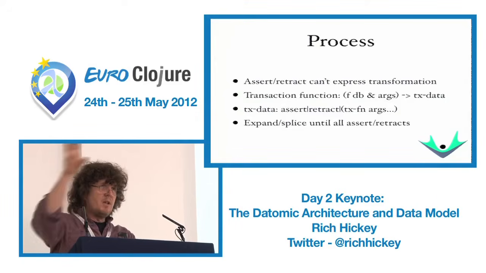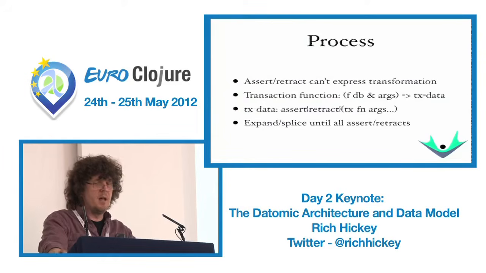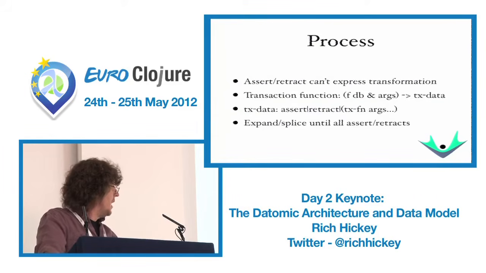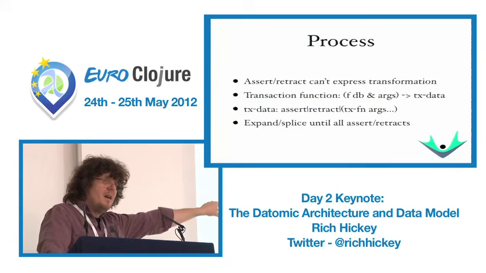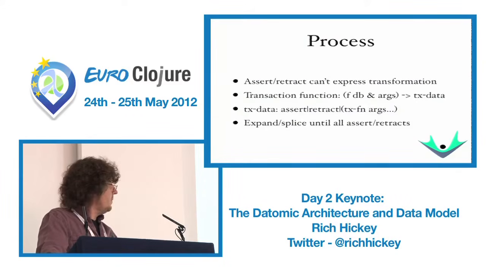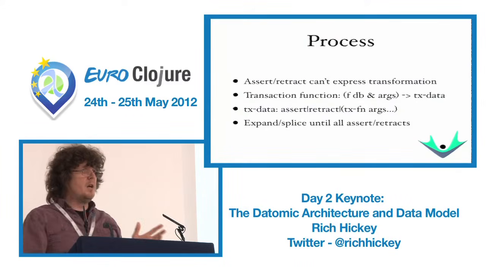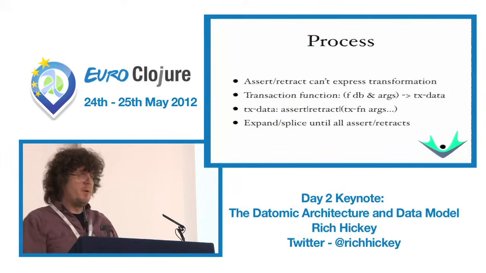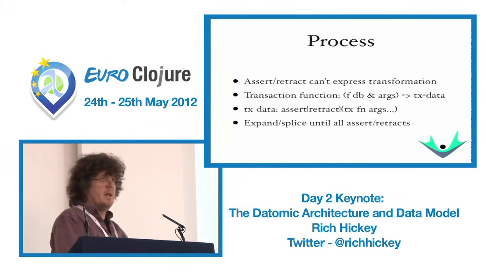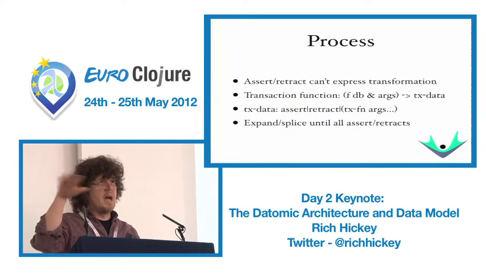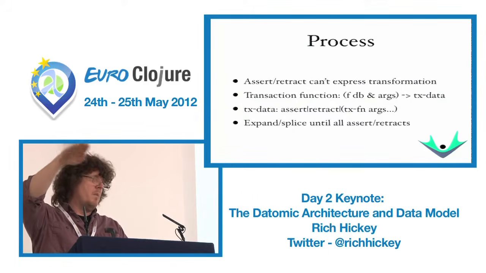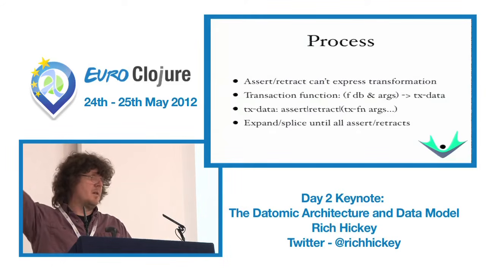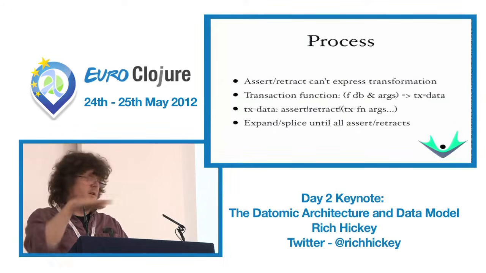So you want these transformations to happen inside the transaction, and so we have these things called transaction functions, which again, for this audience, shouldn't be surprising, are functions of the database and some arguments. What they produce is not a new database. What they produce actually is new transaction data. So you're able to put in your transaction stream, assert this, assert that, add $10 to Sally's bank account, assert this, assert that.